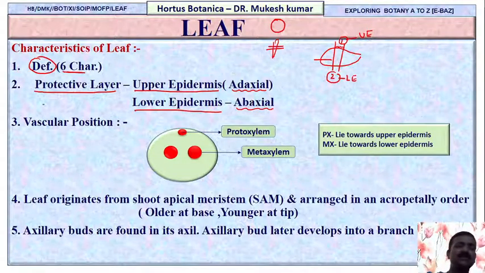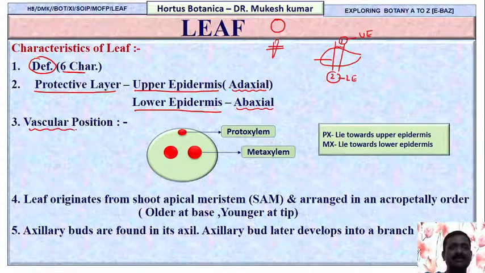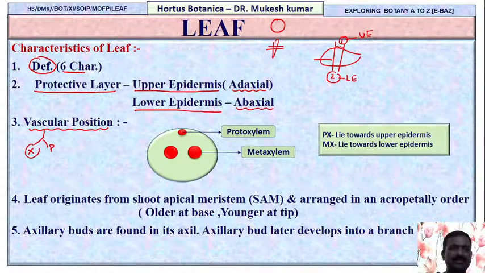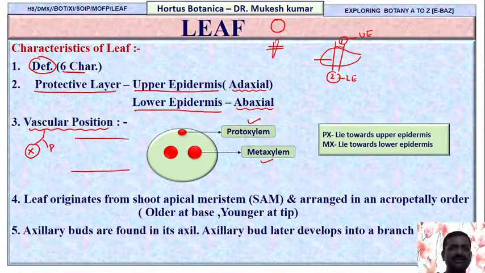Now, let us discuss the vascular tissues. Vascular means xylem and phloem. Especially when you talk about the xylem, we will discuss the protoxylem and the metaxylem. Whenever you find this leaf, this is your upper epidermis and this is your lower epidermis.